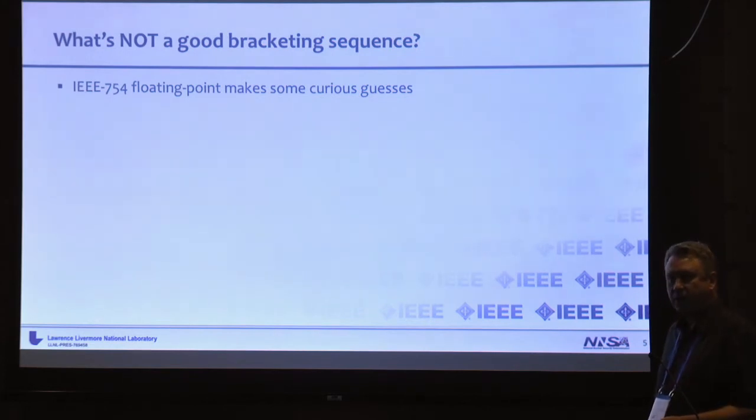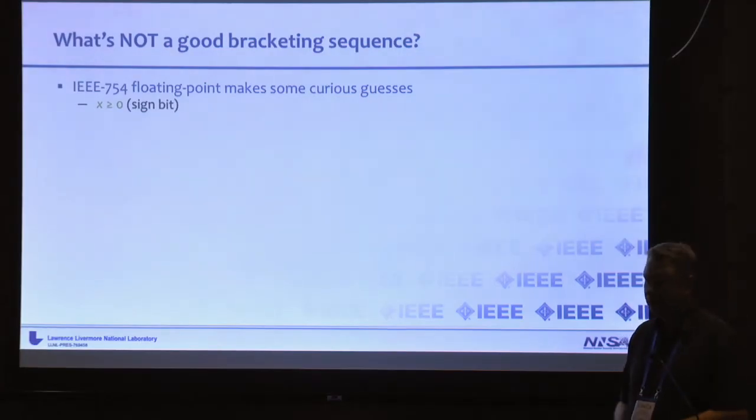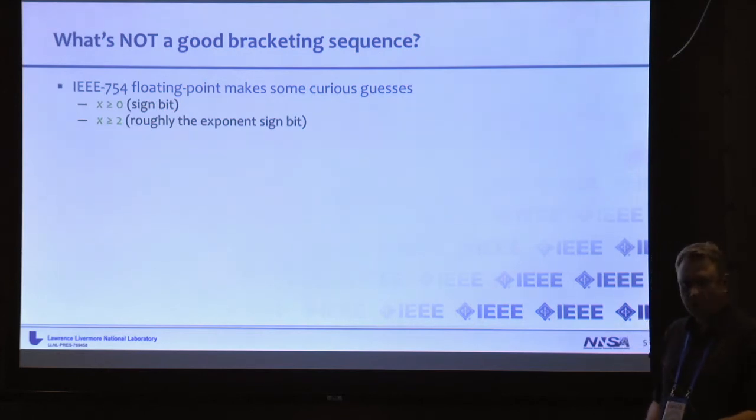So what might not be a very good bracketing sequence? I would argue that IEEE 754 makes some very, very curious guesses. It guesses first whether the number is above 0 or not. Makes sense. It then guesses whether x is greater than or equal to 2 if it's above 0. Not 1, but 2. And that roughly corresponds to getting the sign bit right for the exponent.